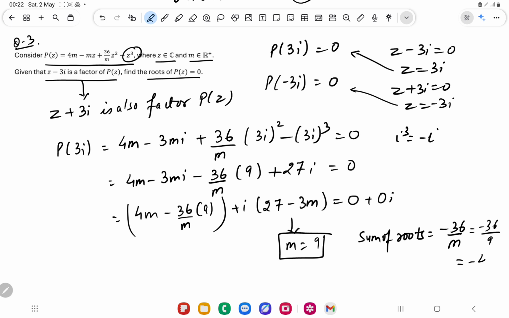So I got my sum of the roots as minus 4. Sorry, my mistake, it should be plus 4. So I got my third root as plus 4. It means I can write p(z) as (z minus 3i)(z plus 3i)(4 minus z). So this will be my complete solution.